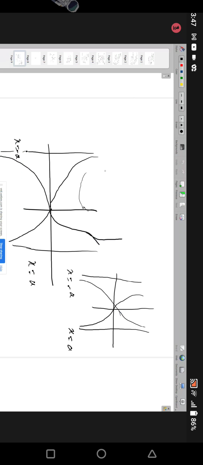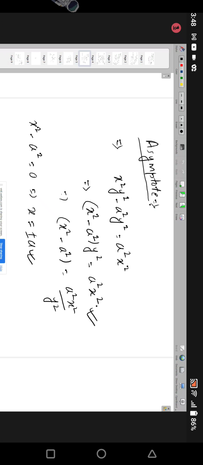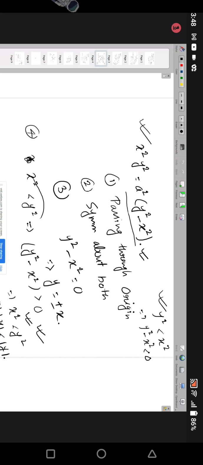So obviously you get the asymptotes in this manner, and if you substitute values here, you will always have a pair of values. If you put x equal to something, you always have a pair of values. That's why for the negative y-axis also we face the asymptote. So this is your main curve.